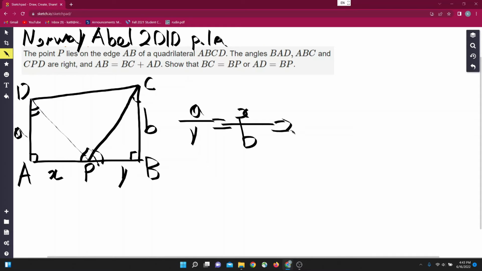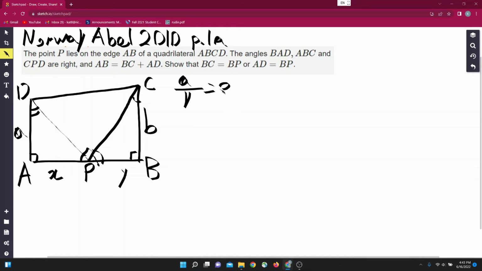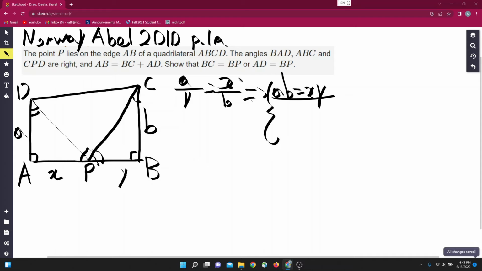This implies, perhaps I'll be conservative with space, A over Y equals X over B. Therefore, we have that AB is equal to XY. This will prove very useful in conjunction with what we're already given, namely that AB equals BC, which can quickly be rewritten.